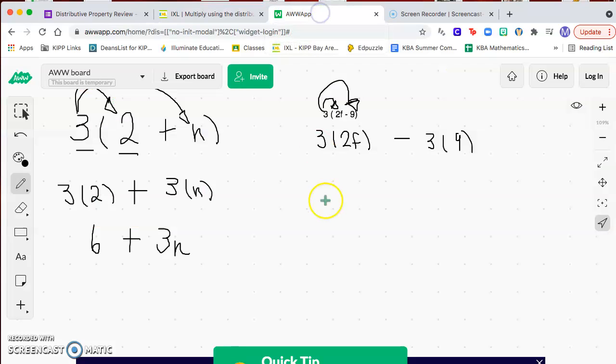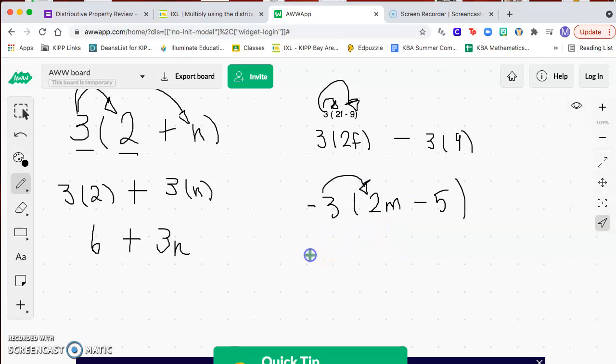So for example, if you had negative 3 times 2m minus 5, for example. Okay, so what you would do is the same thing. Nothing, seriously nothing changes, but you would multiply negative 3 times 2m.